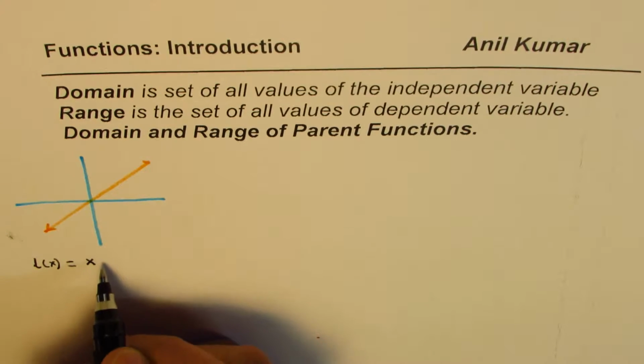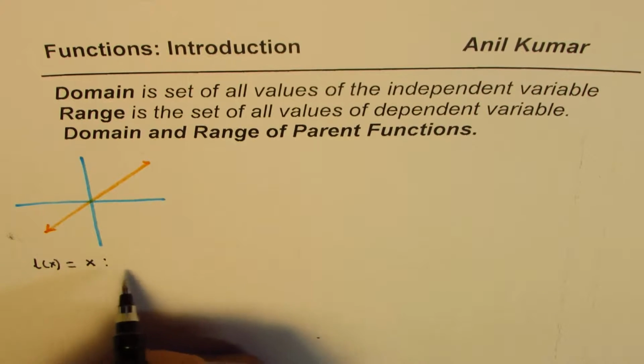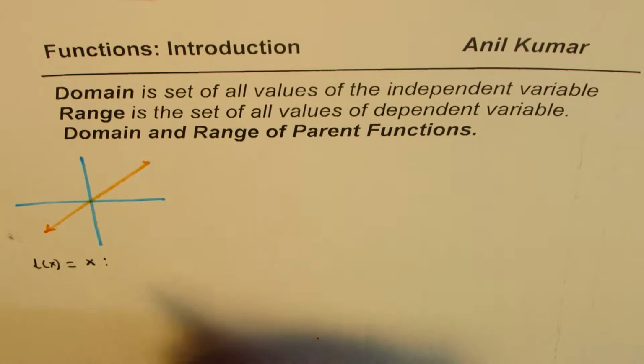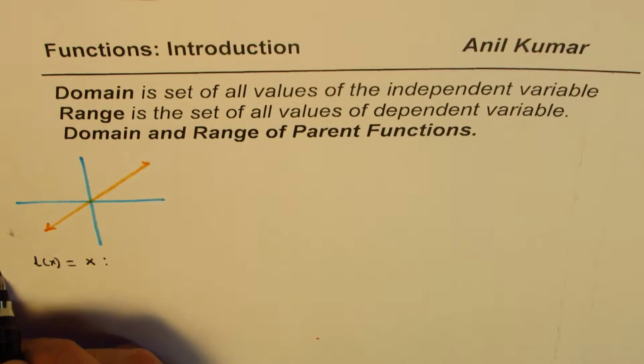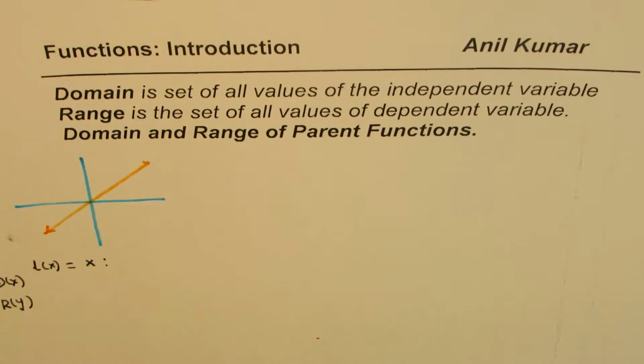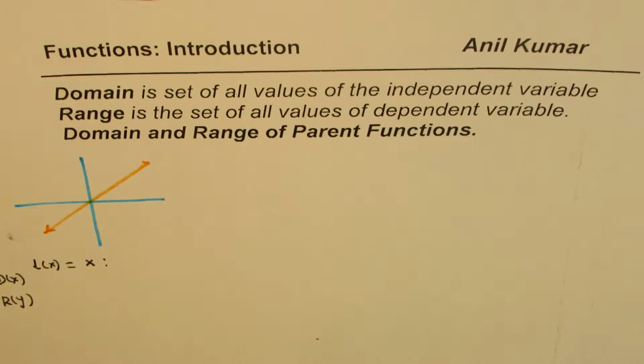Now for this function, we know the domain is all real numbers. So what we can do here is make a table. We'll write domain here, and then we'll write the range of the function. I didn't think about it earlier, but now I think it's a good idea.